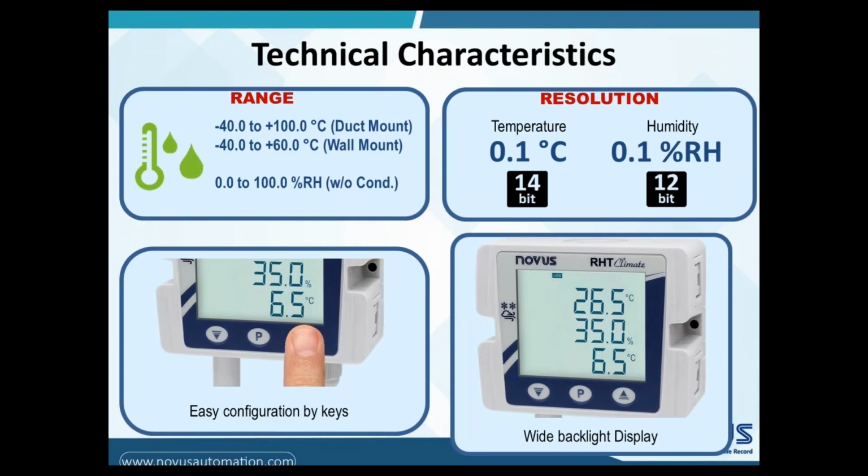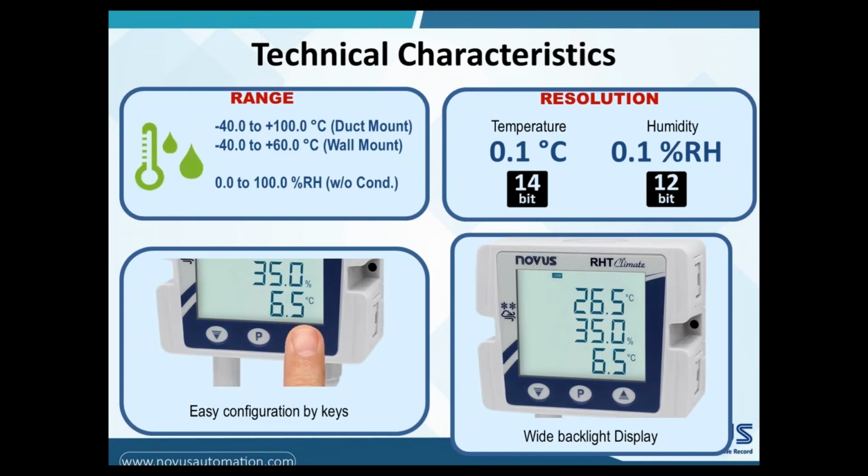The device has 3 frontal keys with good tactile feedback for easy configuration of parameters. The display provides a menu of parameters, which can be checked and modified directly on it. Its wide display has backlight and may show 3 variables on screen, which can be configured from all those psychrometric variables.